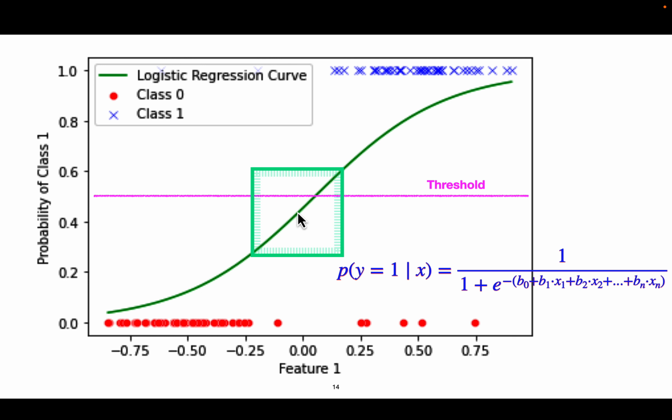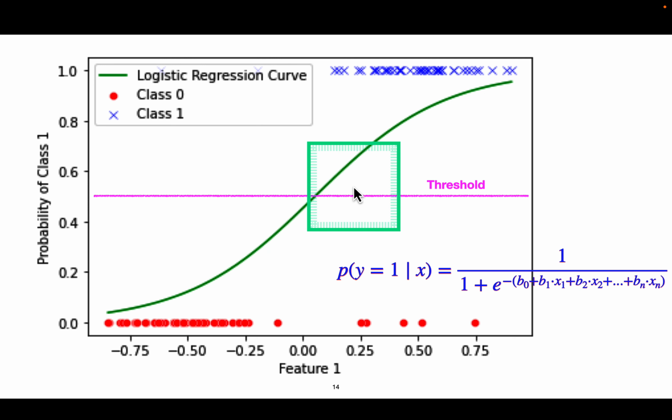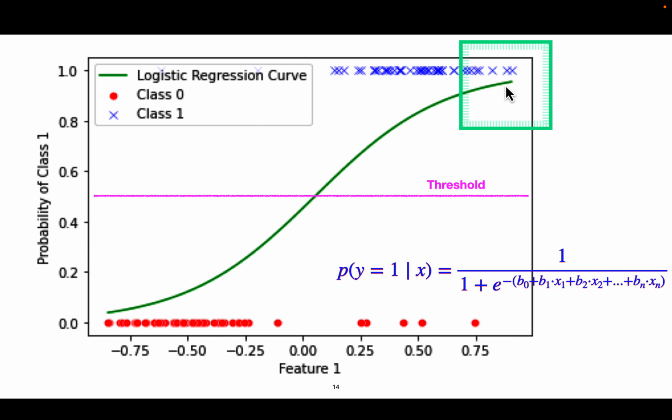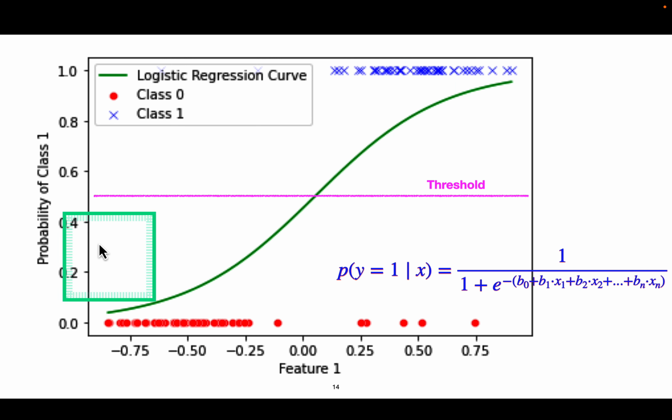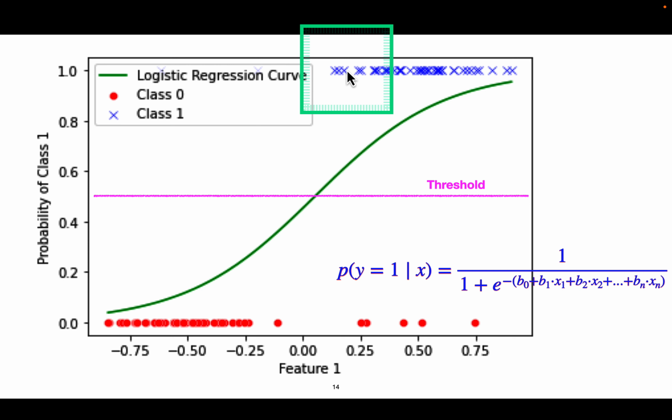Any data point which comes below the threshold will be regarded as no, and any data point which comes above the threshold will be predicted as yes. And this is a feature, and this is the probability of class 1. So these data points, for example, class 0, are the red ones, and these blue crosses are class 1.